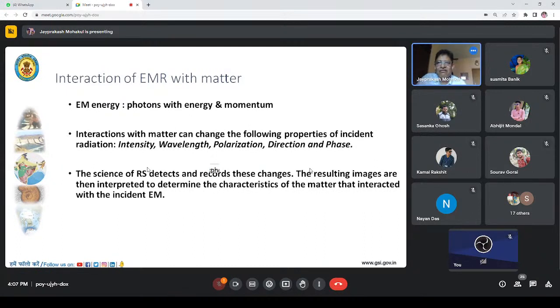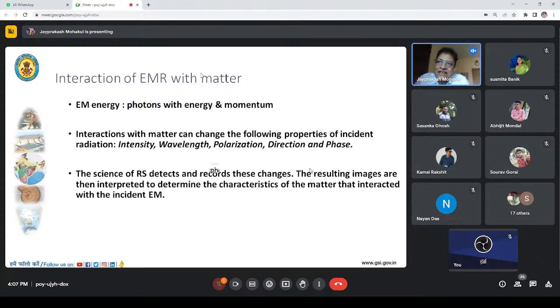When you say light is polarized, it means the vibration direction is in two perpendicular directions. Is it understood? The direction of propagation of light is the direction.